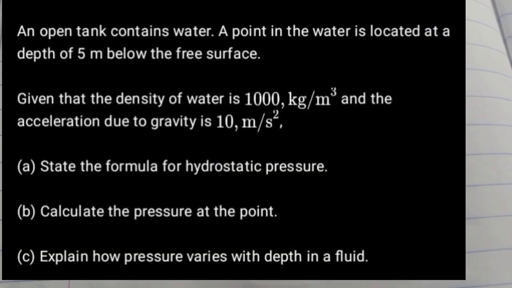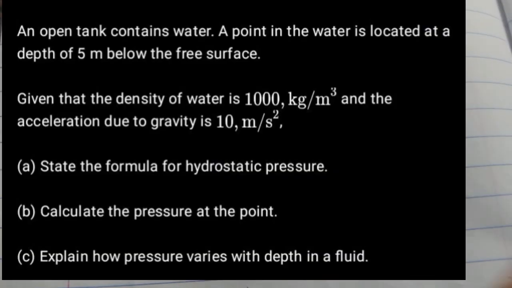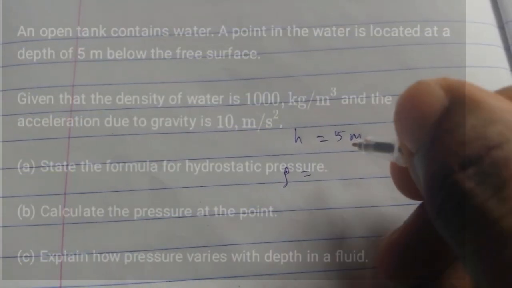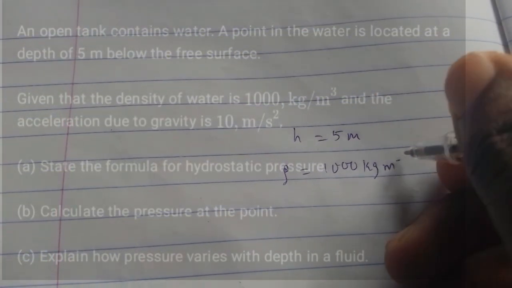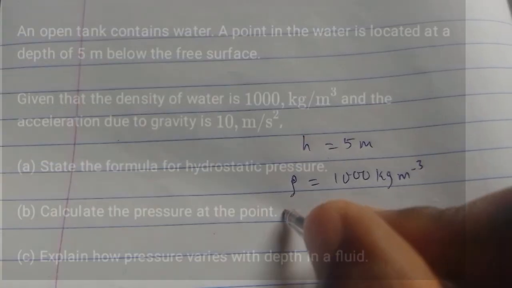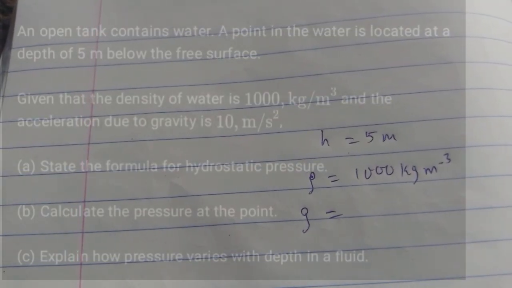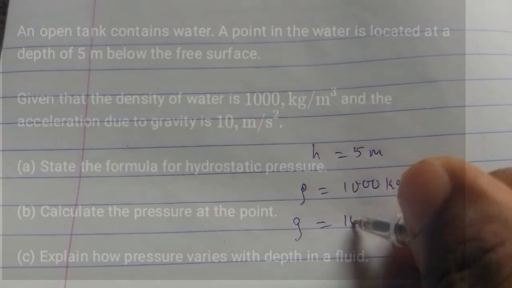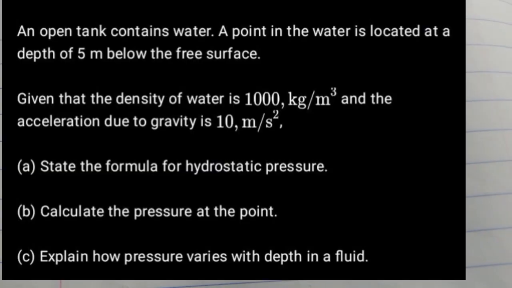Given that the density of water is 1,000 kg per meter cube, and the acceleration due to gravity, normally 9.81, is 10 meters per second square in this question.